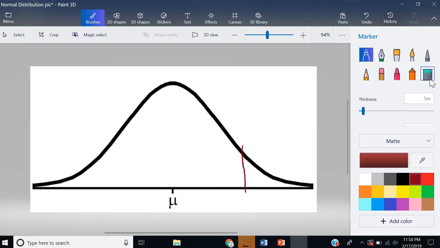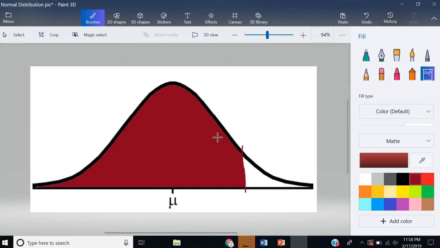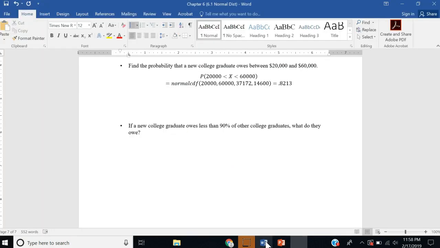Either a new college graduate owes 90% less. Well, let me put it this way. Go back to reading: if a new college graduate owes less than 90% of others. Think about this, owes less than 90% of others.